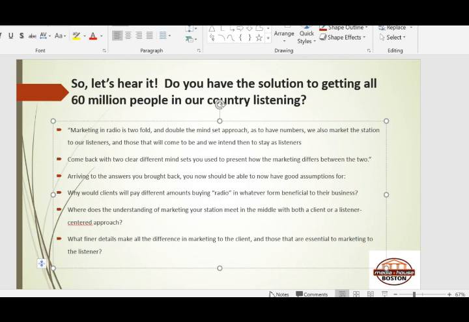That's it. But also remember, the whole thing of our marketing has to be: what does a client want? They do want customers for sure. They want to make sure that the customer comes into their shop, for example, buys their product, calls them up for a car service, whatever it may be, right? And the listener wants the same type of quality that the client is selling.